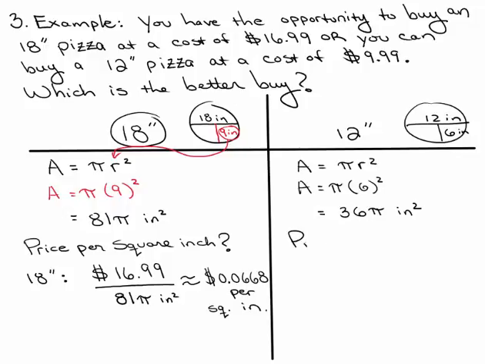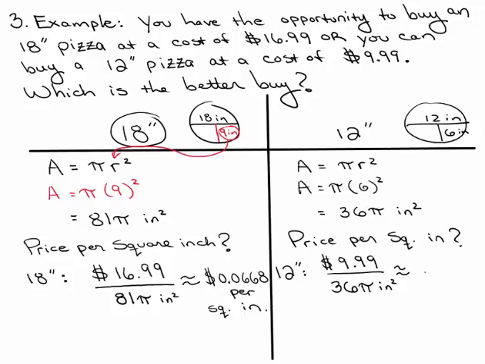But we're curious about the price per square inch. For the 12-inch, it costs $9.99. We're going to take that price and divide it by the total amount of area, 36 pi inches squared. And let's see what we get.